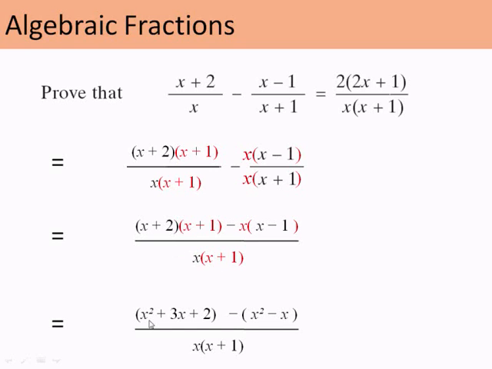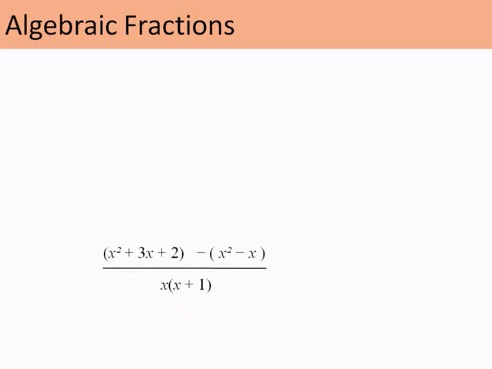So x times x gives me x squared, 2 times x plus x times 1 gives me 3x, and 2 times 1 gives me 2. And then x times x gives me x squared, and x times minus 1 gives me minus x, and then it's a minus outside all of that.